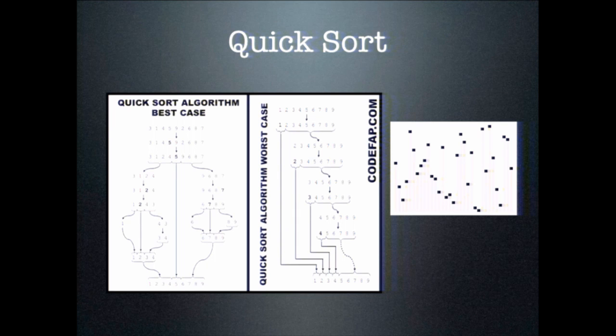For Quicksort, you pick an element that's your pivot, and then you walk through all the other elements, and if it's smaller than the pivot, you make sure it's to the left, and if it's bigger than the pivot, you make sure it's to the right. Then you take each of those halves, and you do that process again. Once you've done that for all of them, you have a group of sorted lists that you just concatenate back together.